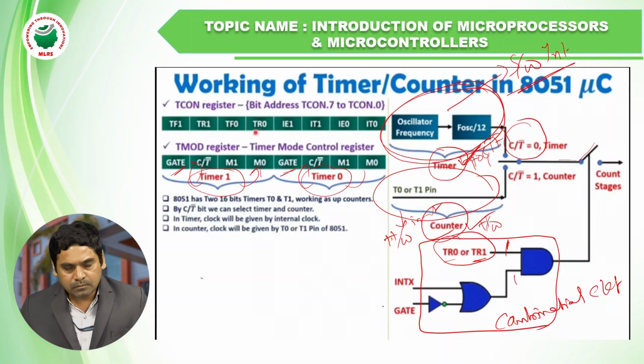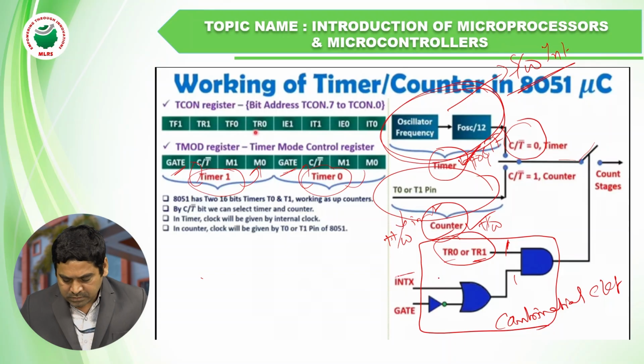Before that, when the OR gate output is 1, before it there is INT X. Here X means either 0 or 1: INT0 bar, INT1 bar. Here the bar is missing.